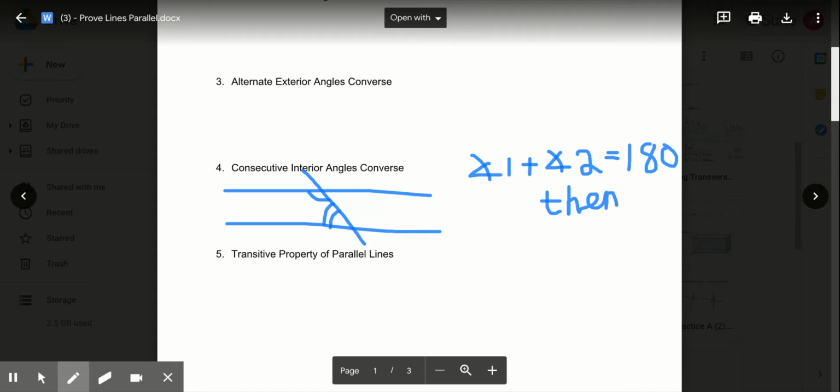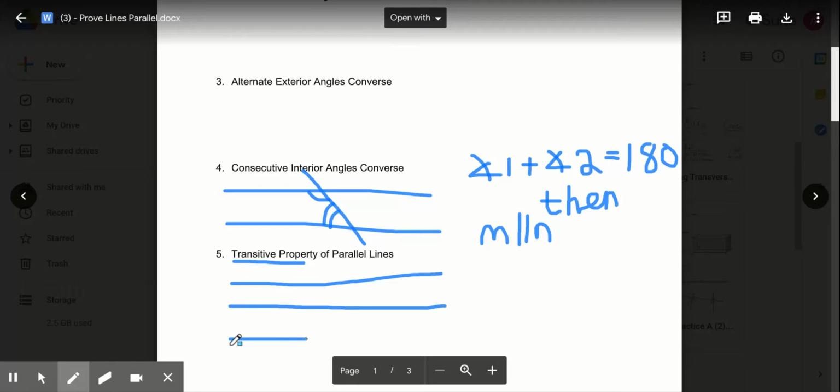Now the last thing we'll talk about is the transitive property of parallel lines. Transitive property pops up in other instances throughout math when we talk about exponents and multiplication, addition, subtraction. Well, it applies as well with lines.